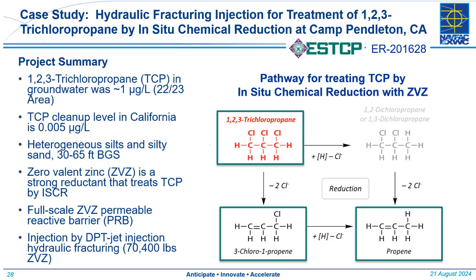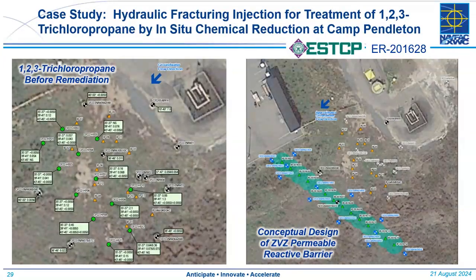zinc at this site. This graphic and the next slide show concentrations of 1,2,3-trichloropropane before remediation on the left-hand side. Again, these are concentrations on the order of 1 part per billion, but they're still 100 times above the California cleanup standard.